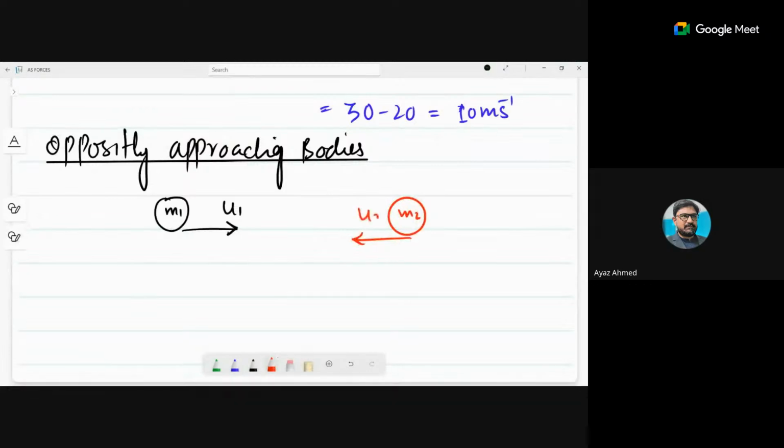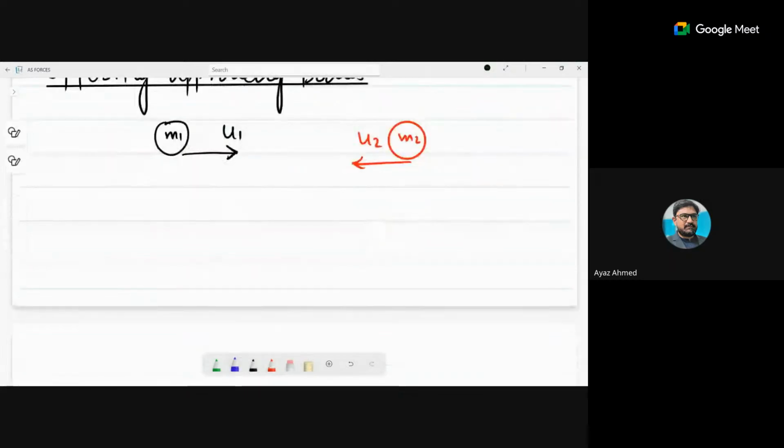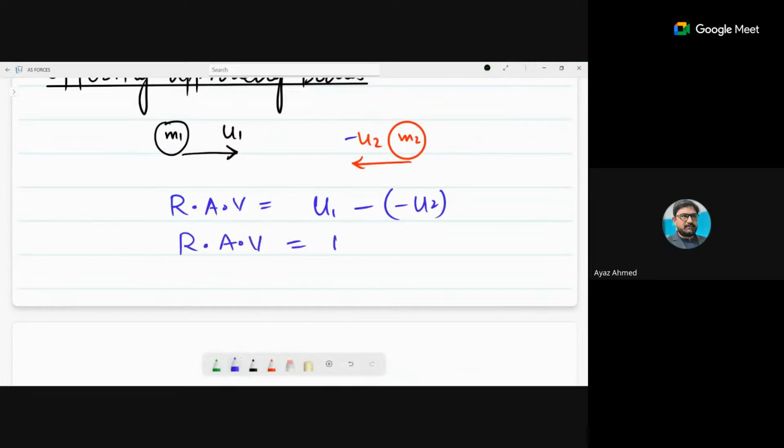It doesn't matter whether u1 or u2 is greater, because both bodies are approaching each other in opposite directions. So the relative approaching velocity will be u1 minus negative u2, because that body is moving in the opposite direction. By the concept of velocity I have to use the negative sign here, so the relative approaching velocity becomes u1 plus u2.